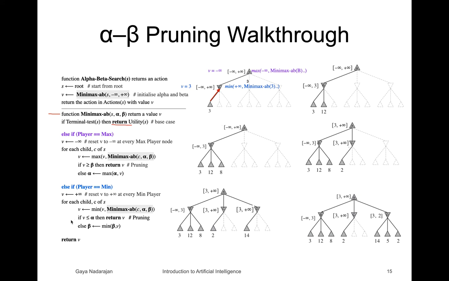So we're done with that child, and we're going to check at every single child if V is smaller than alpha. V just got assigned the value 3, and alpha is minus infinity. And we're going to check now, is V smaller than or equal to alpha? Well, it's not.